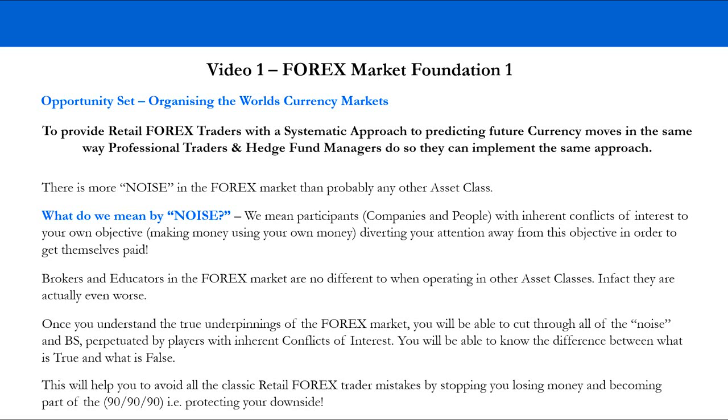And the 90-90-90 phenomenon is something that we talk about a lot in the Institute. The vast majority of retail Forex traders actually lose most or all of their money in a very short space of time. And it's absolutely 100% true. We have a lot of statistics in the Institute that we look at, and we've seen the 280,000 trading accounts in the Forex market, in the retail Forex market across all the retail brokerage platforms.